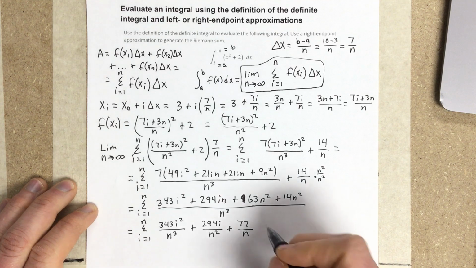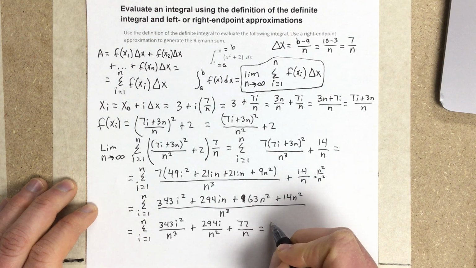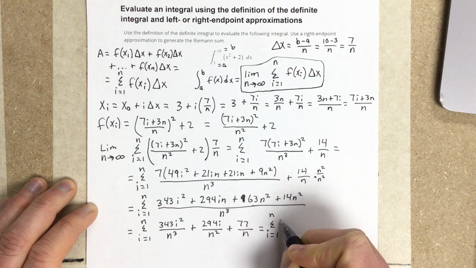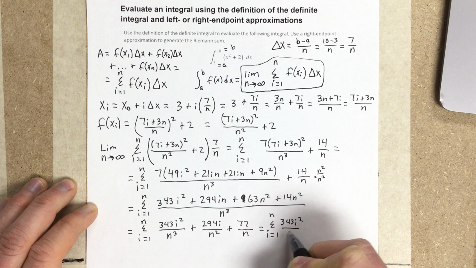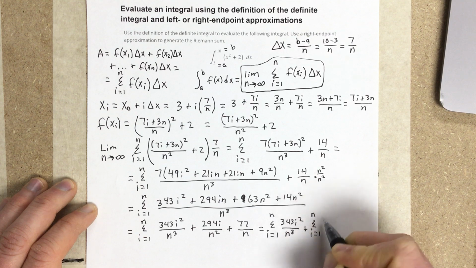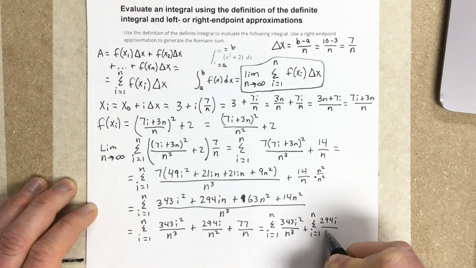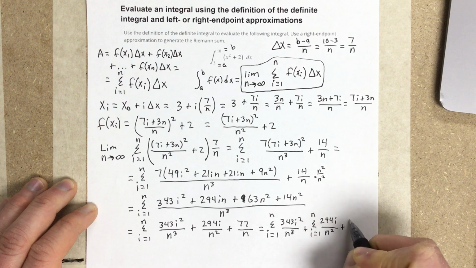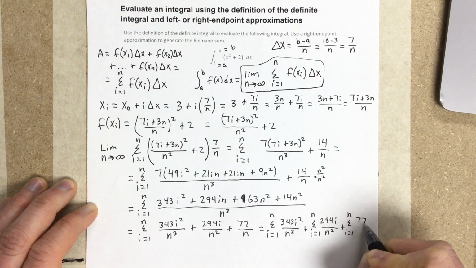So I'm going to write this as the sum from i equals 1 to n of 343i squared over n cubed, plus the sum from i equals 1 to n of 294i over n squared, plus the sum from i equals 1 to n of 77 over n.